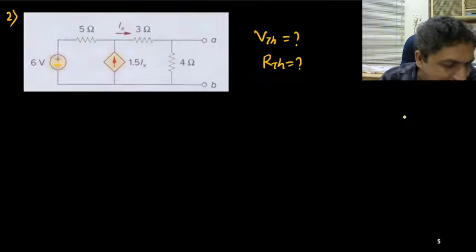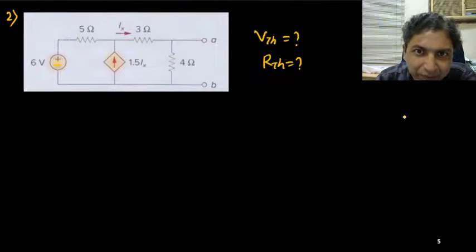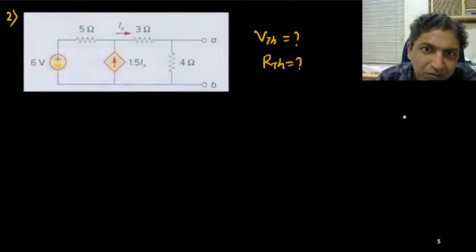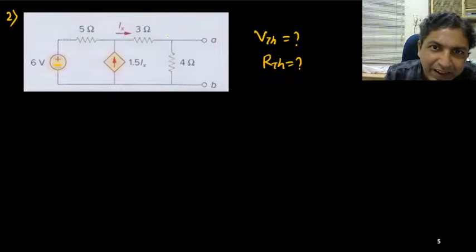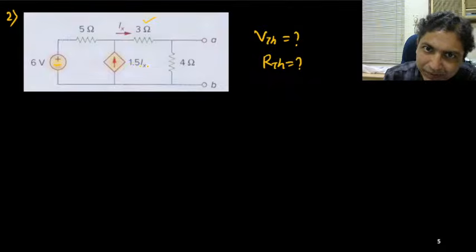So how to calculate this one? The circuit is having one dependent source. So it is said that if the current through 3 ohm resistance is Ix, then this current source will provide 1.5 Ix. Okay. And this is 5 ohm, this is 6 volt, this is your 4 ohm connected.